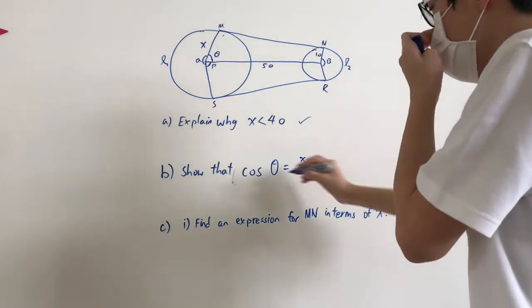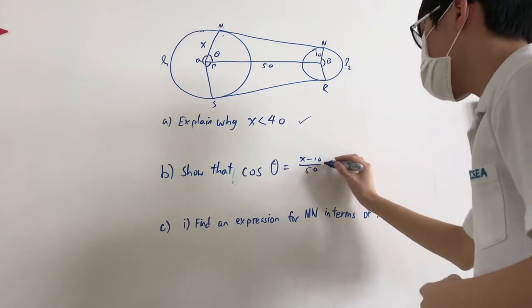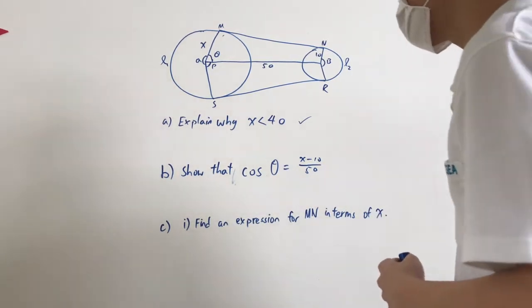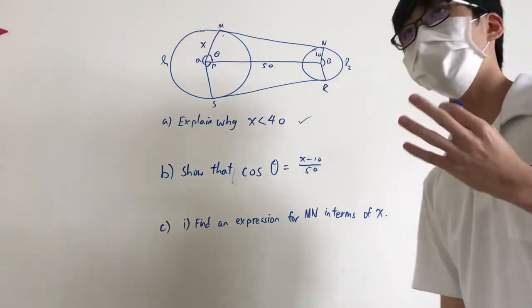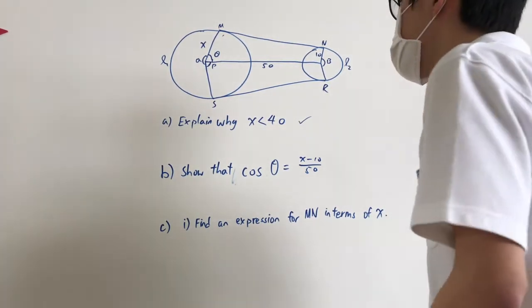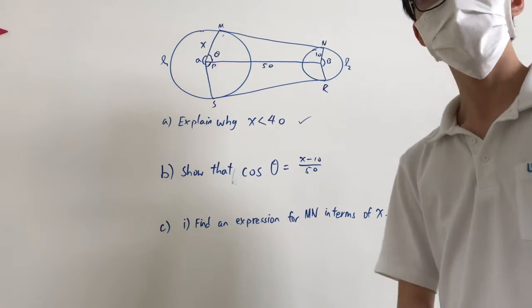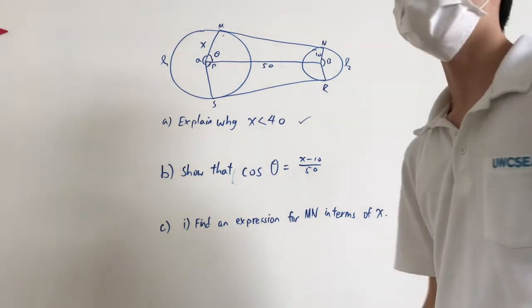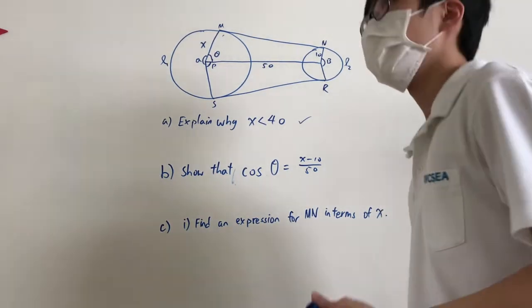Now, the second part: cosine theta is equal to x minus 10 over 50. For this part, you have to start drawing things like triangles. For a lot of geometry questions, a way to do them is by drawing simpler shapes such as triangles, rectangles, or even squares, if possible, in a diagram to make it easier.